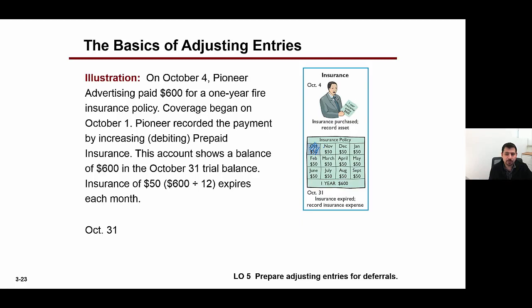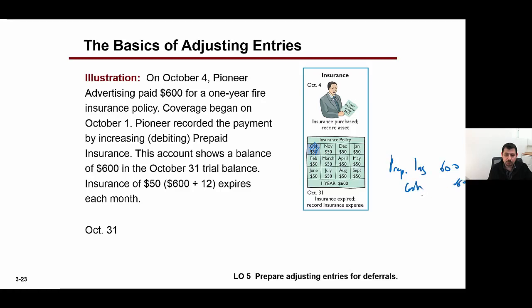And this is why, when it was originally recorded, let's say that we bought it with cash, prepaid insurance was debited 600 and cash was credited 600.